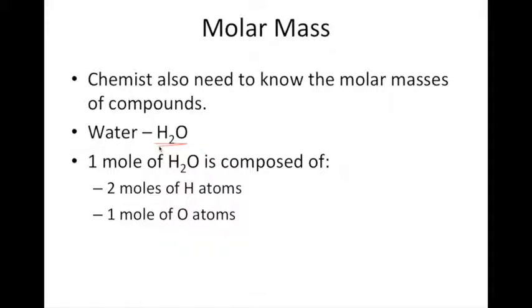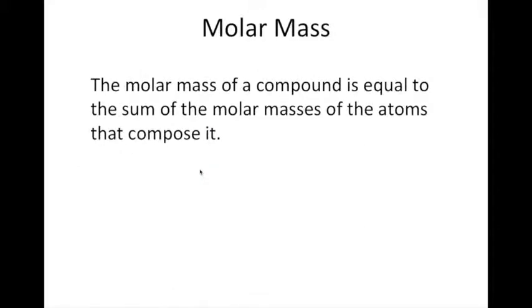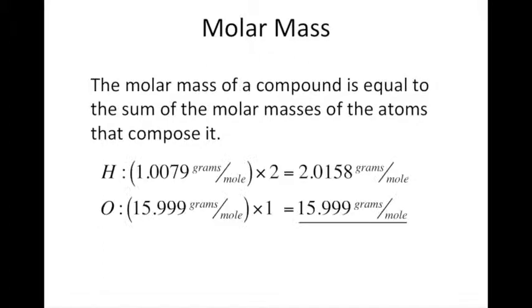Figure out the molar mass for water. Each mole of water contains 2 moles of hydrogen atoms and 1 mole of oxygen atoms. So the molar mass again is equal to the sum of the molar masses of the atoms or elements that compose it. So for hydrogen, a hydrogen atom has a molar mass of 1.0079.